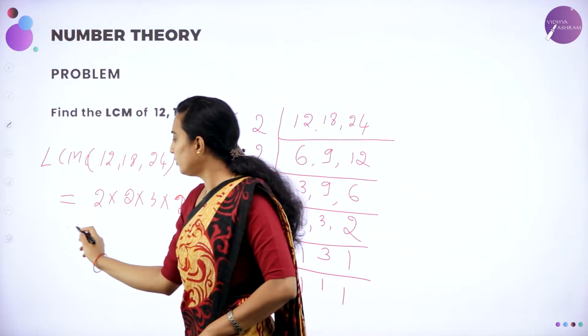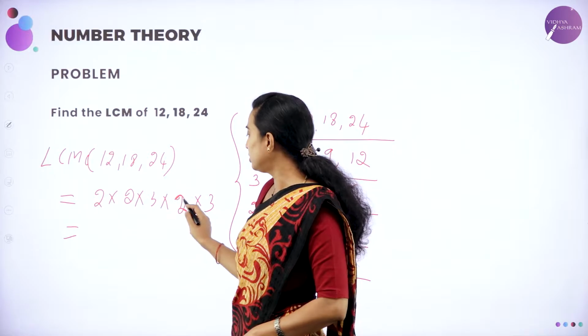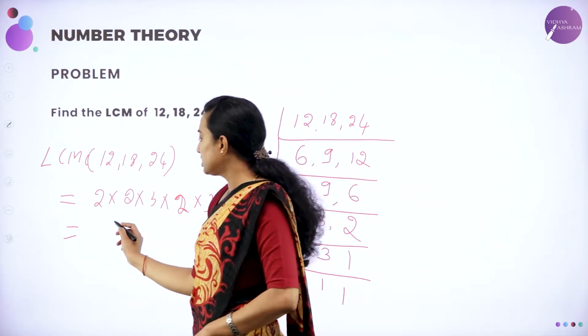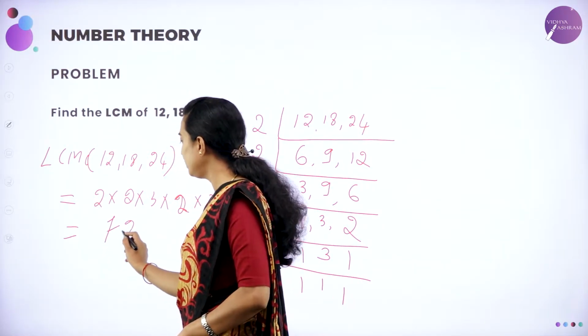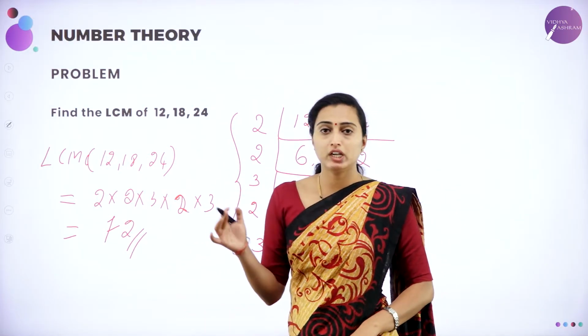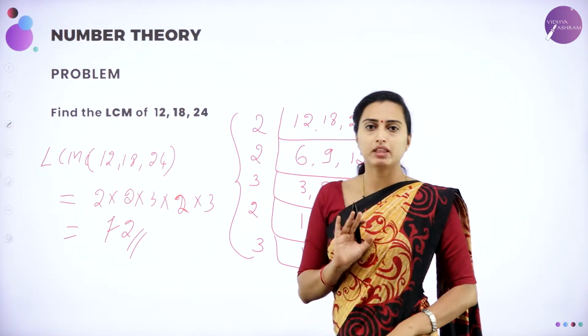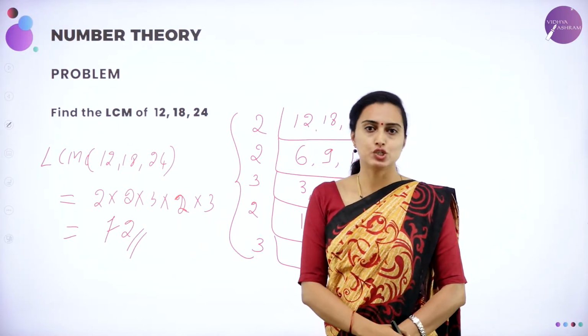So therefore you are going to have 2 2s are 4, 4 3s are 12, 12 2s are 24, 24 3s are 72. So the LCM of 12, 18 and 24 by the division method, this is called the division method, is 72.